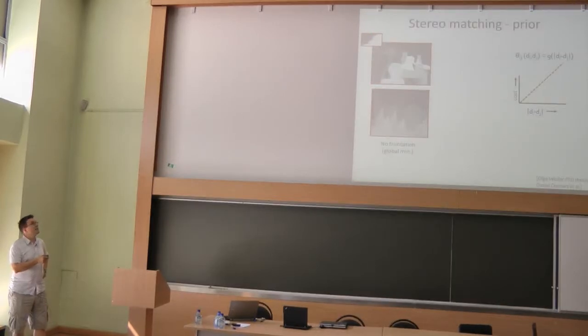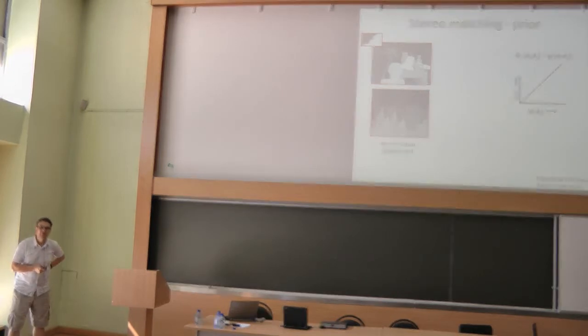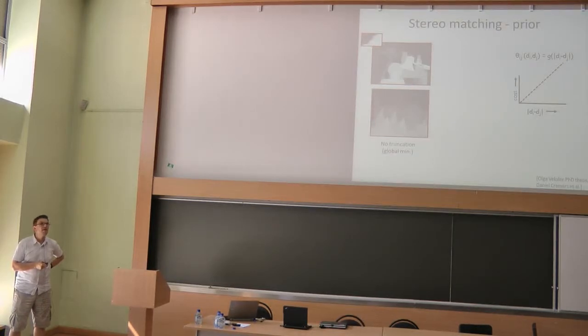So does somebody know why there's not a sharp boundary? Yeah, that's right. If you think about it, it's cheaper. If you have a big jump here, you would pay this high penalty.